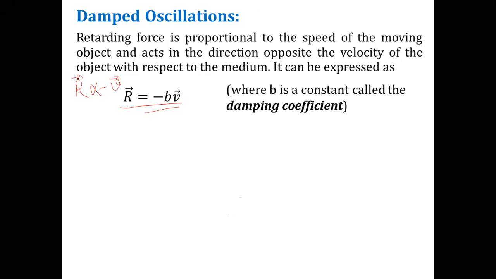We are saying that the more the velocity, the more will be your retarding force, and your retarding force is always going to act in a direction opposite to the velocity of the object. That is why there is a minus sign here. To remove this sign of proportionality, a constant is introduced, and that constant is b, which is called your damping coefficient. b can be large, b can be small, depending on the medium in which you are having your damped oscillation.